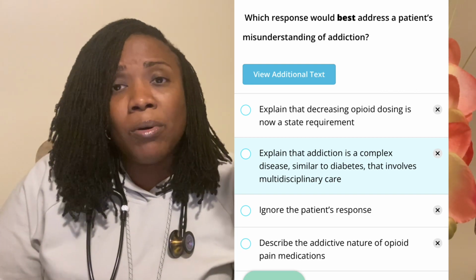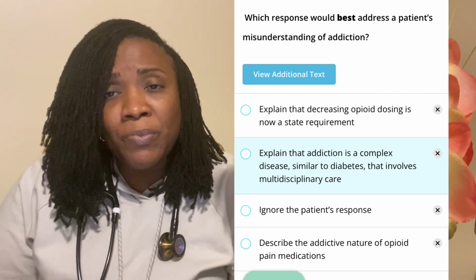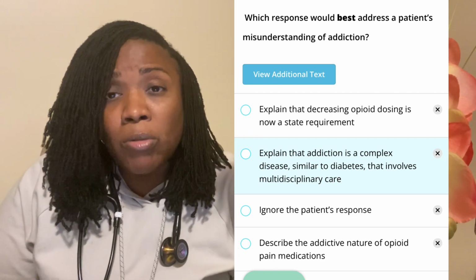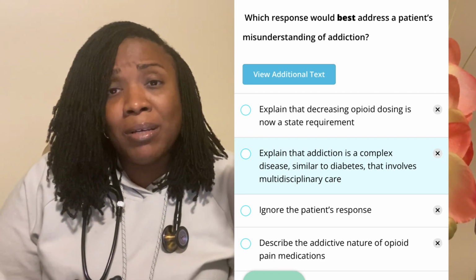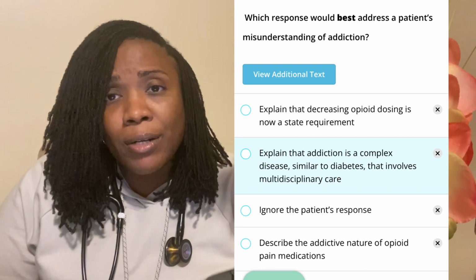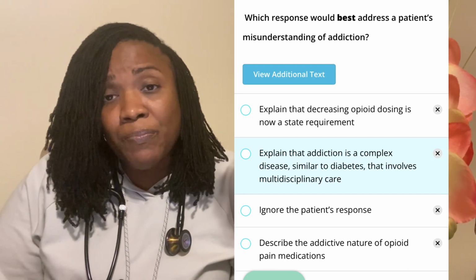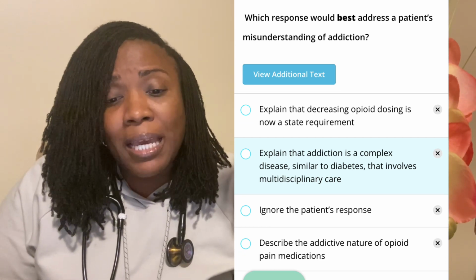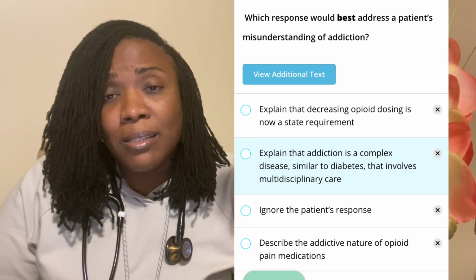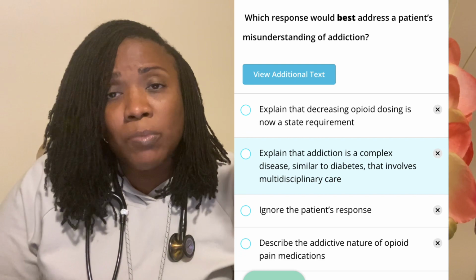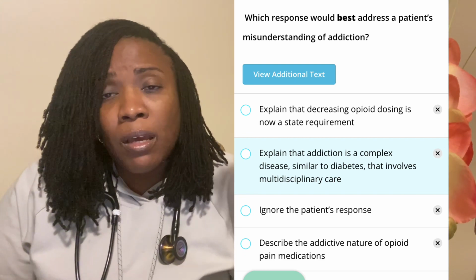There's going to be a number of people responsible for your care. So it is a multidisciplinary care team because it's a complex disease that requires multiple different people involved in managing your care. So the best answer would be explain that addiction is a complex disease similar to diabetes that involves multidisciplinary care.